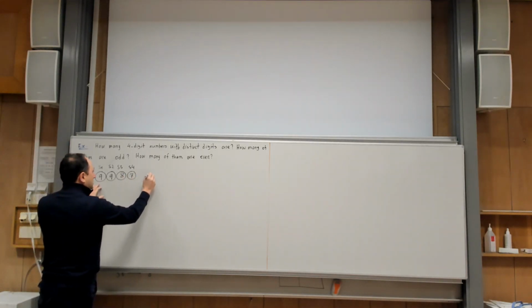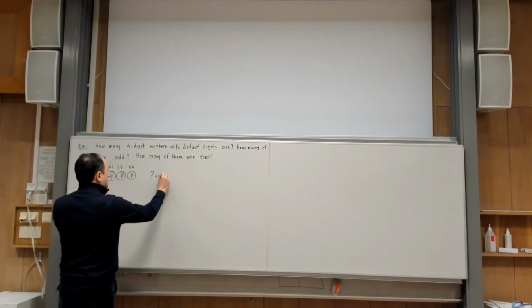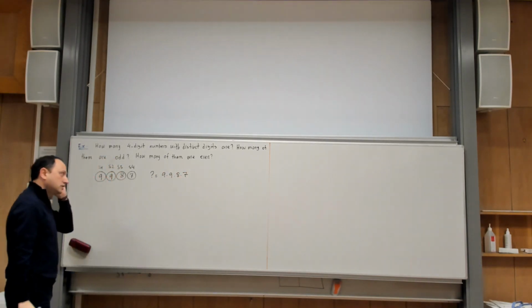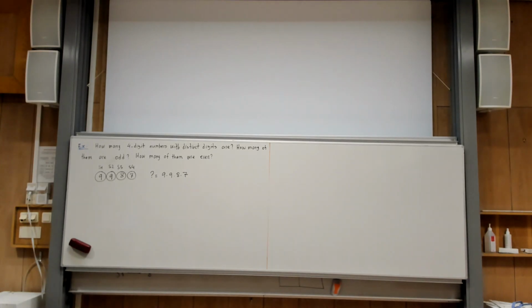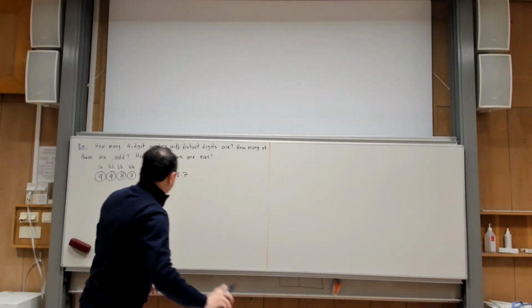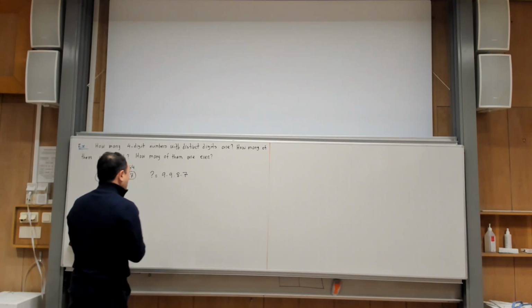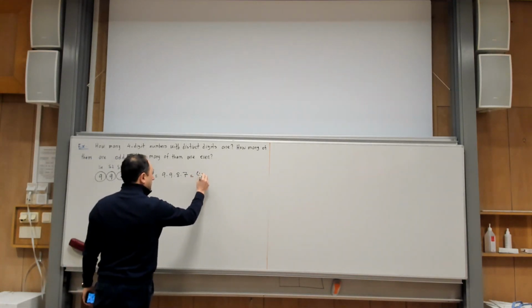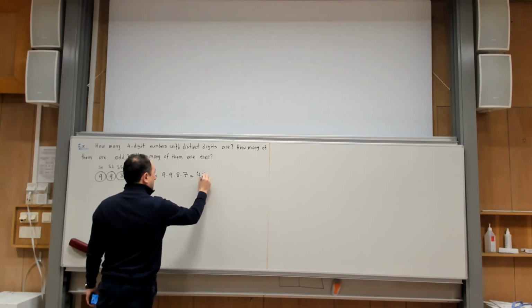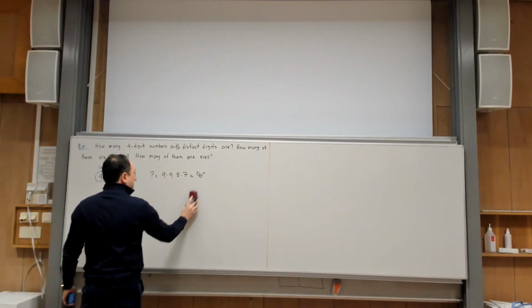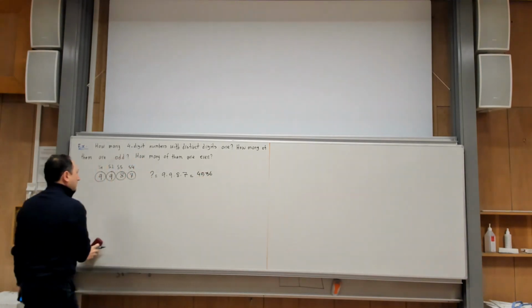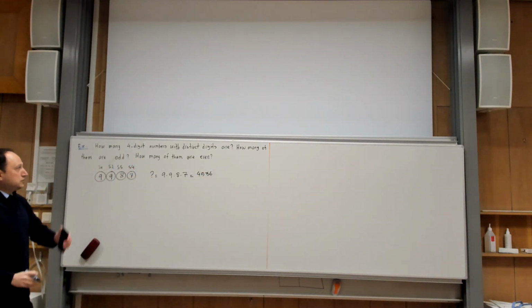Okay, and the answer to the question mark here is 9 times 9 times 8 times 7. And then you can calculate it. It's good to do it with the calculator. 4,536. Okay, so now we want to answer the second one.